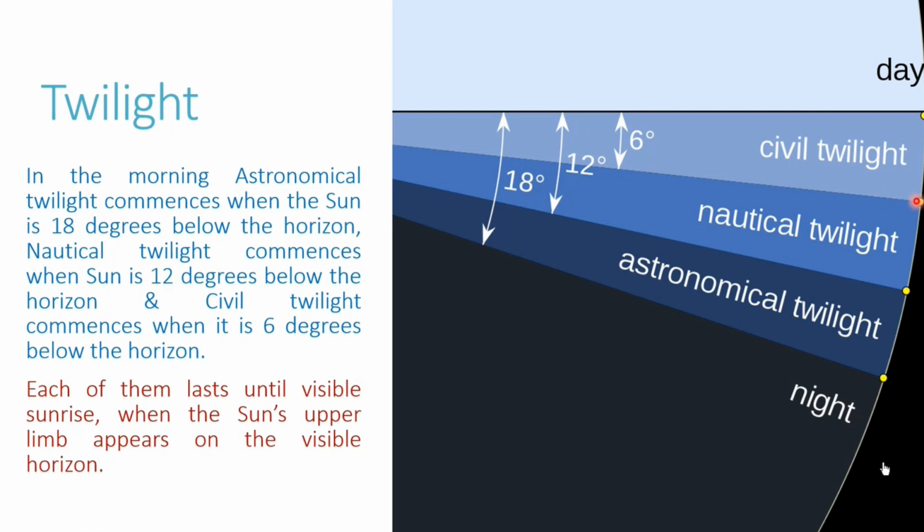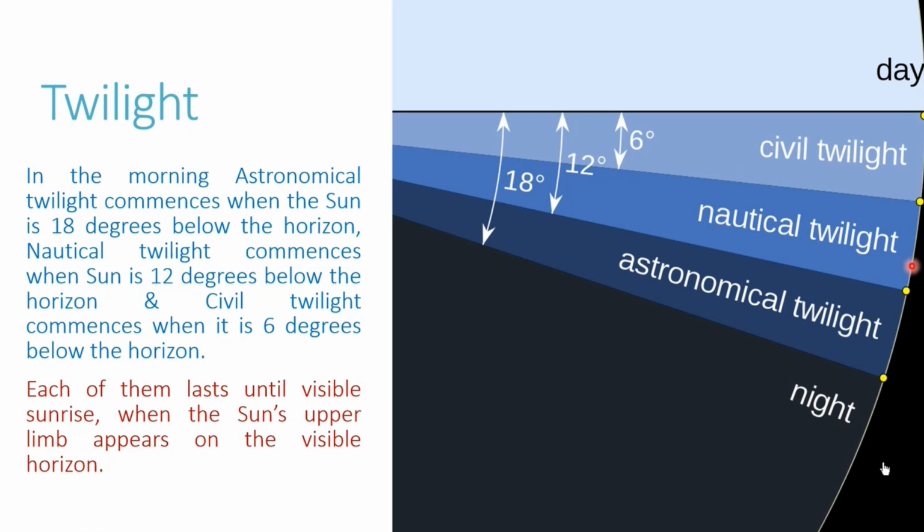So after 6 degrees, we may not be able to easily identify the stars for the purpose of sight taking. It is so bright in the sky that the stars start to disappear. So this period is also not very suitable for sight taking.